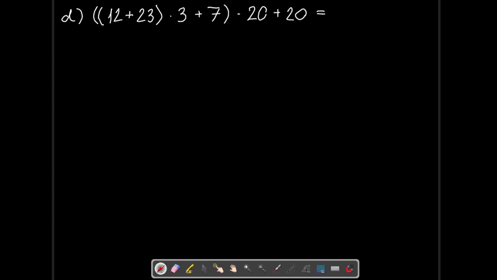So okay, we need to solve what's inside the bracket first. Inside of it we have another bracket, green bracket. Let's solve that one first. 12 plus 23 is 35.